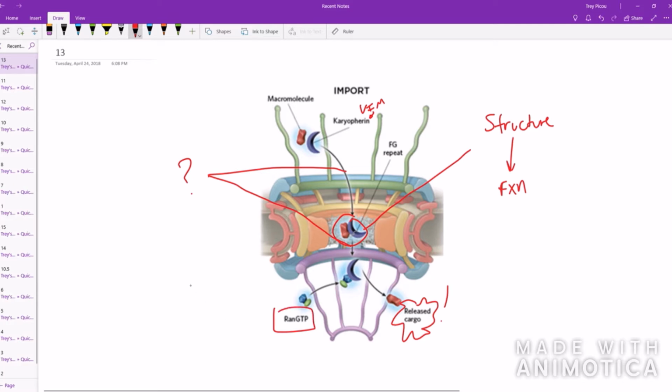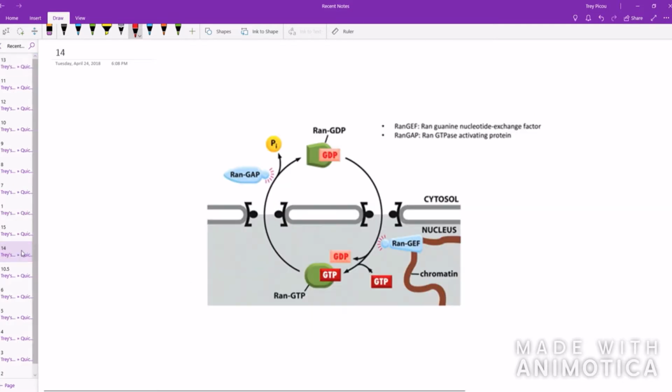A little bit about the protein itself. So, RAN is a protein that binds with GTP, and GTP is similar to ATP, just with a guanosine instead of an adenosine. There's a couple of key players involved in the overall process, but we should focus on RAN-GDP and RAN-GTP. The concentration of RAN-GDP is greater in the cytosol than in the nucleus, and RAN-GTP is more highly concentrated in the nucleus.